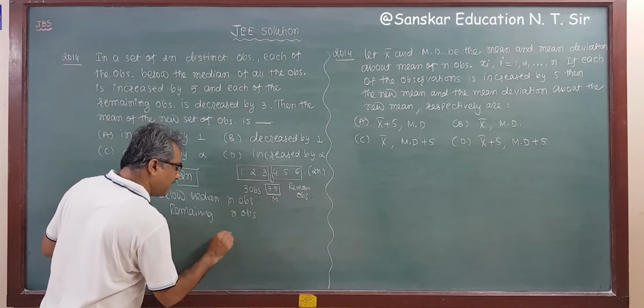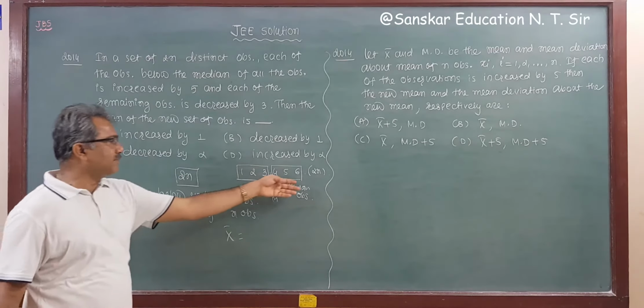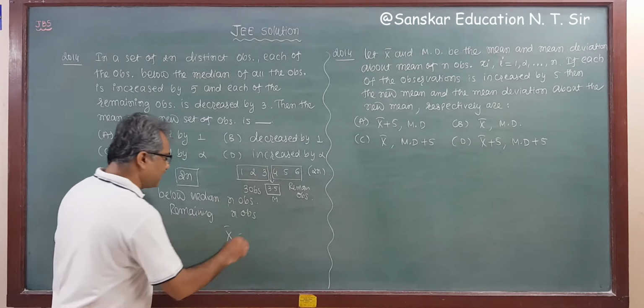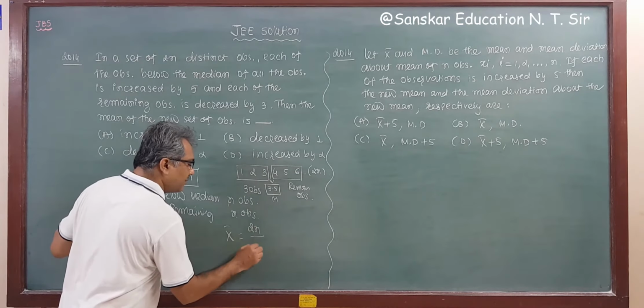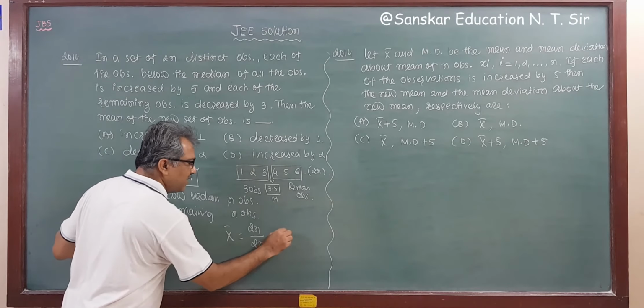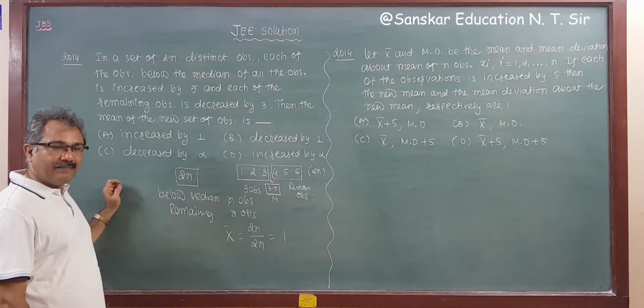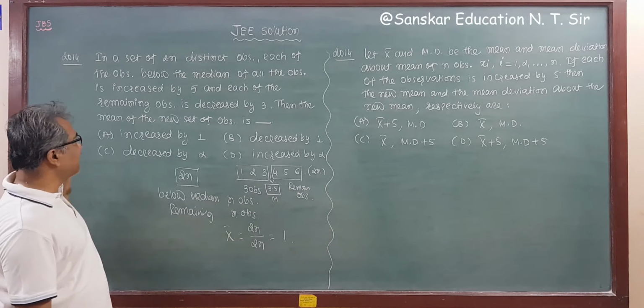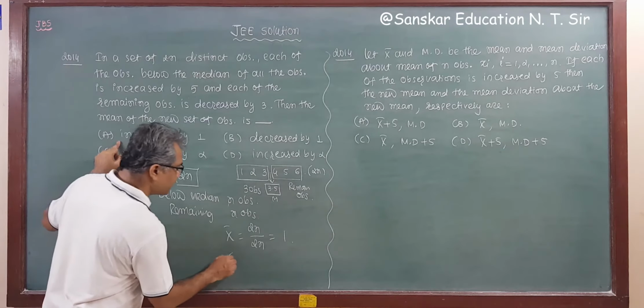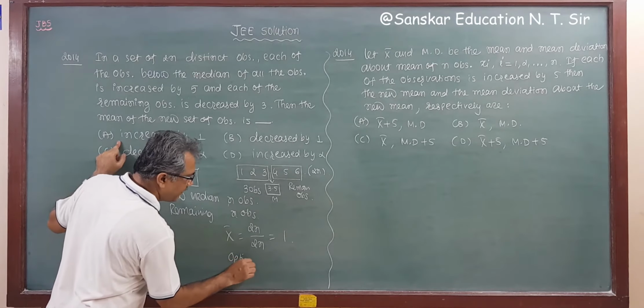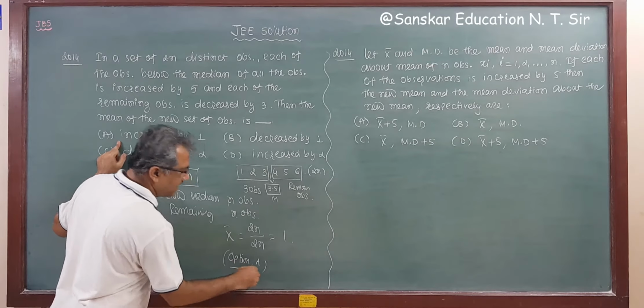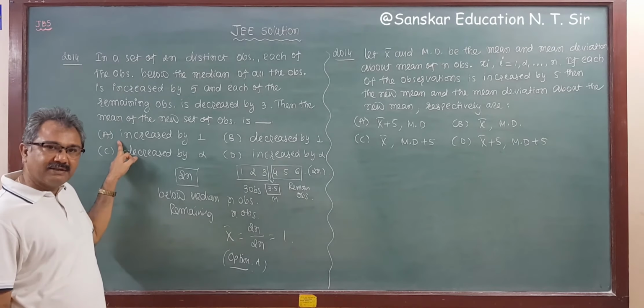So for the new mean, x bar, the difference is 2n divided by the total number of observations, 2n. So the mean is increased by 1. That is option A, the correct answer.